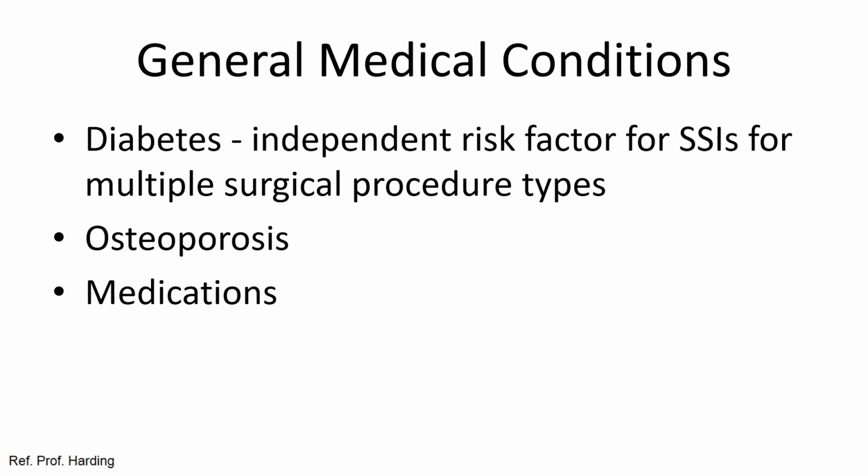Now again, osteoporosis, this is a condition which affects the strength of the bone, and again is an independent risk factor. It of itself may not definitely cause an implant failure, but we need to be aware of it and take it into consideration if the patient has other conditions such as, say, diabetes.